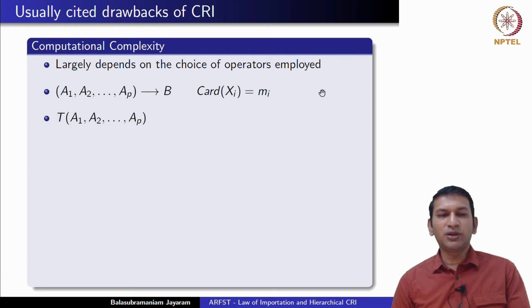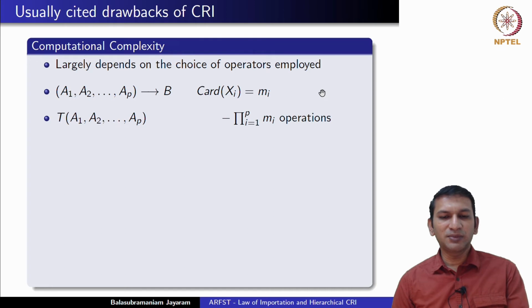First we need to combine these antecedents. Remember, in the previous case we had two-dimensional inputs A1, A2, or A and B, so we got a 2D matrix. Now if there are M1 components on A1 and M2 components on A2, then it is M1 cross M2; those many components have to be obtained to make the 2D matrix.